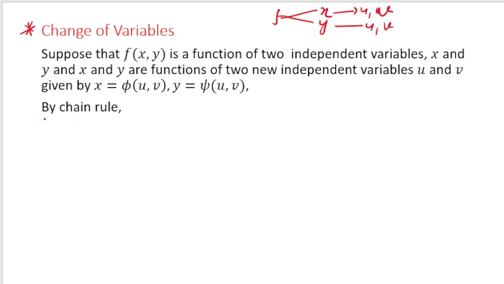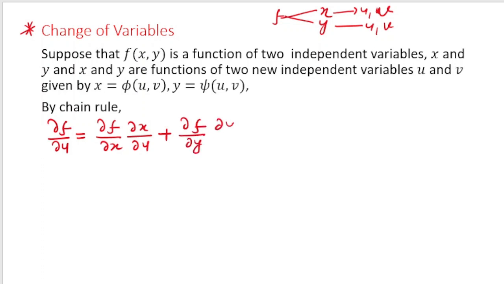So by chain rule, if I ask you what is del f by del u, you will say it is del f by del x and then del x by del u plus del f by del y and then del y by del u.